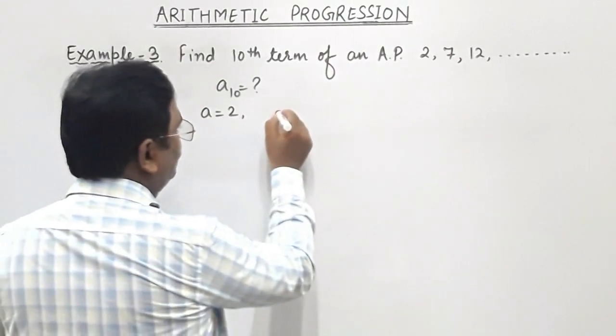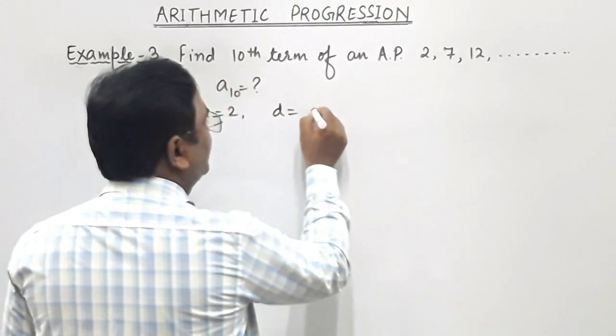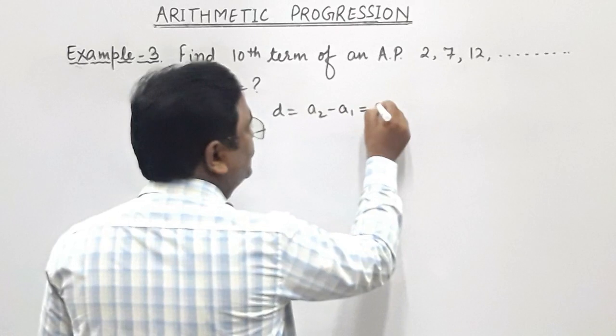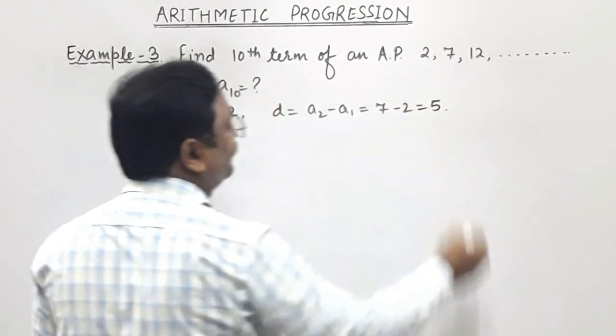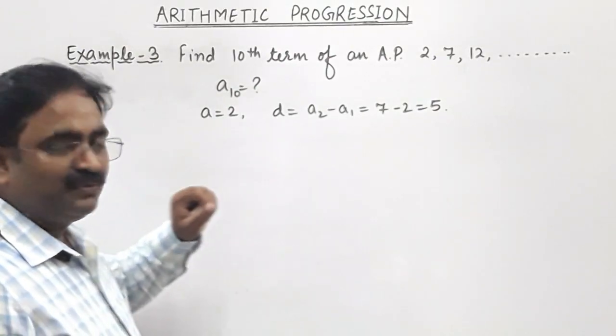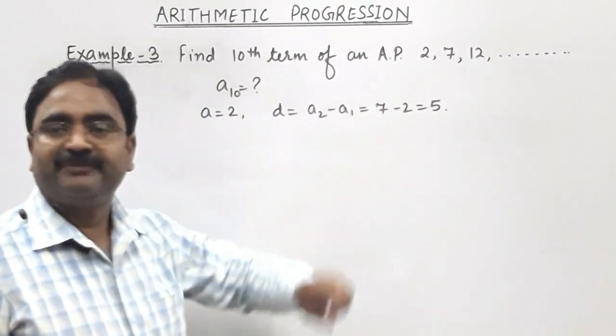The first term is 2, and the common difference d equals second term minus first term, that is a_2 minus a_1, which equals 7 minus 2, which is 5. So the first term a is 2 and the common difference is 5.